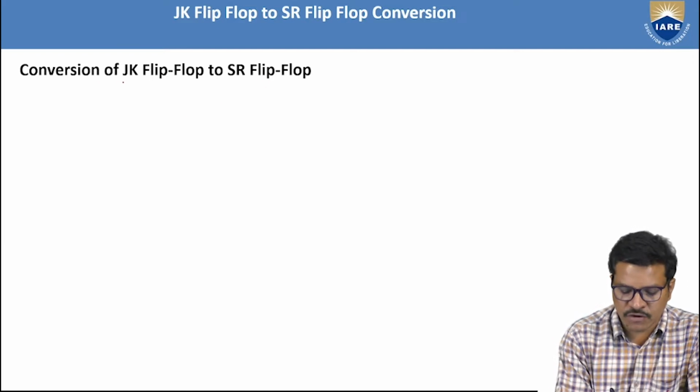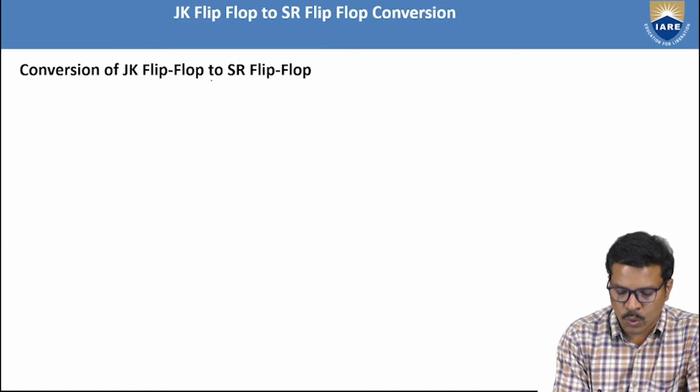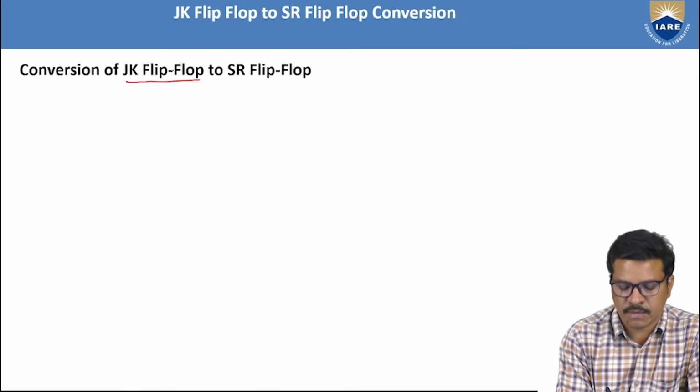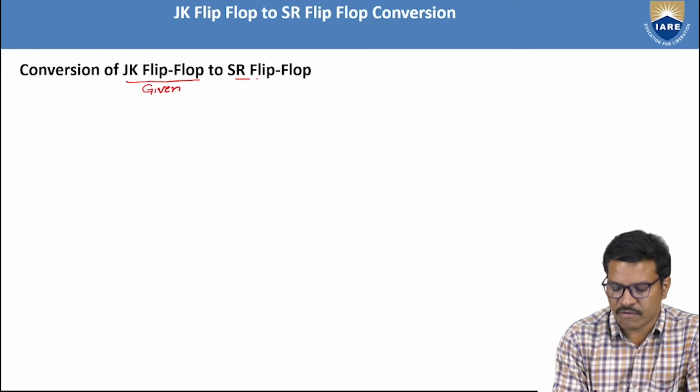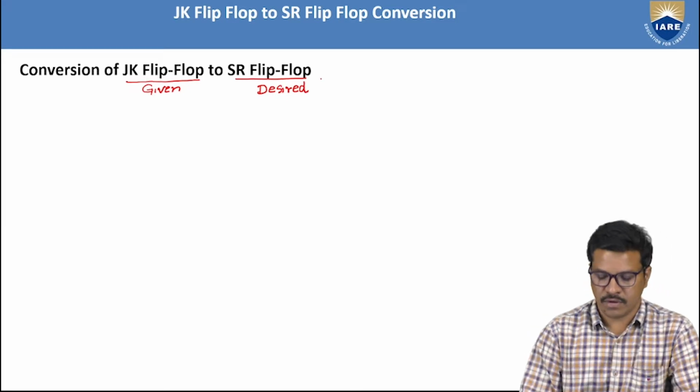Here it is the conversion of JK flip-flop to SR flip-flop. So the JK flip-flop is the given flip-flop, and the SR flip-flop is the desired flip-flop.